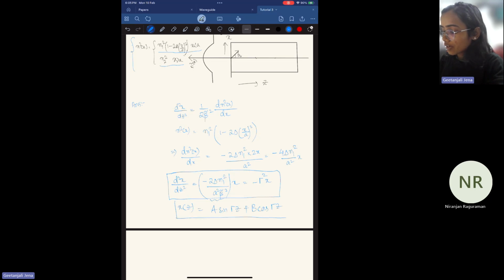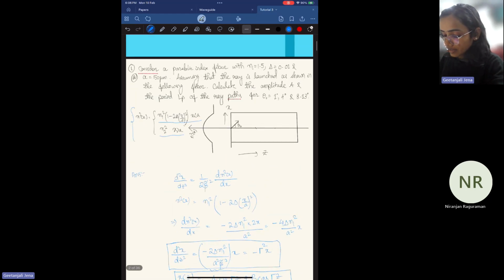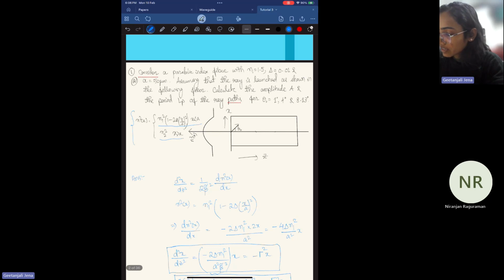The values of a and b, if you recall, we can find using the boundary conditions. What are the boundary conditions given? Assuming that the ray is launched as shown in the figure, the ray is launched at the origin, that is x equal to 0. When x equals 0, z is also 0.